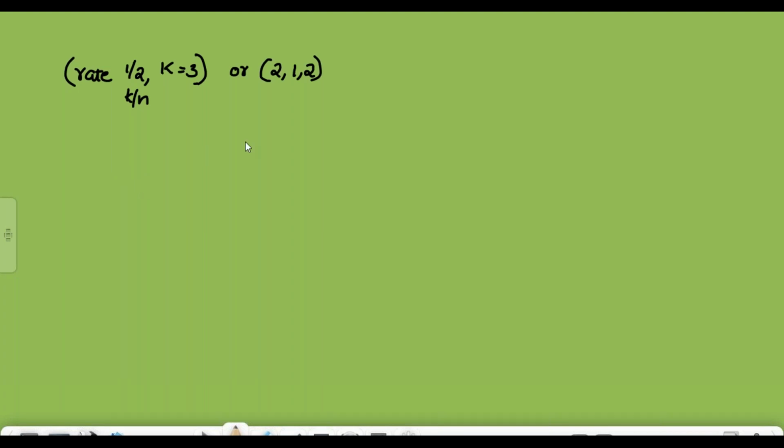Here it means the number of stages in the shift register is this 2. These two are the same, that is rate 1 by 2 and capital K constraint length 3, or it will be given as 212. I will represent these two representations. Here, three memory elements.